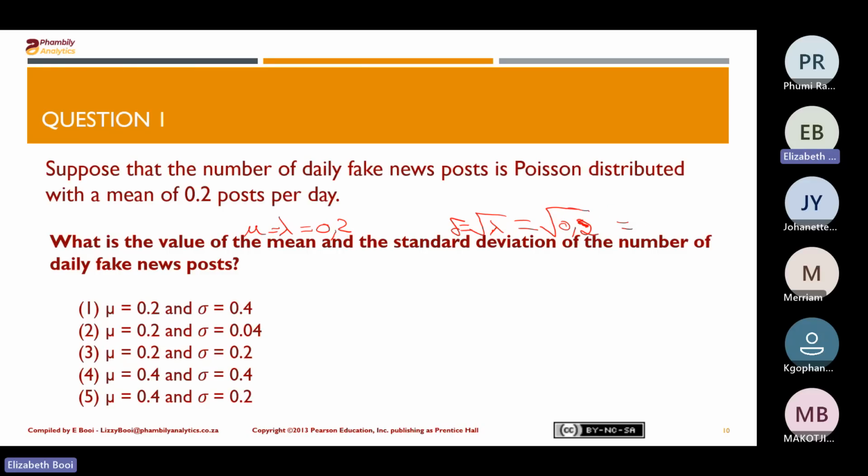And what is the square root of 0.2? 0.44. You can leave it to 1 decimal because I can see most of the answers are in 1 decimal. So the answer will be 0.4. So the answer will be option number 1. That was easy, right? Straightforward and easy.